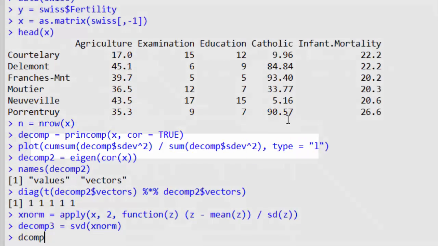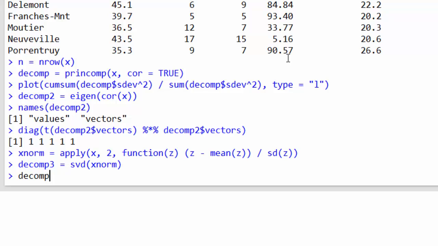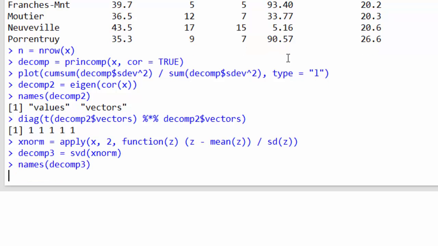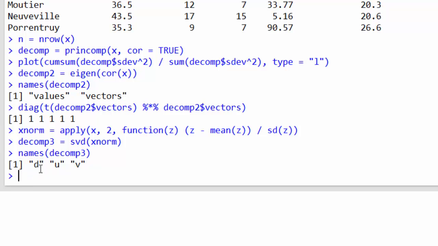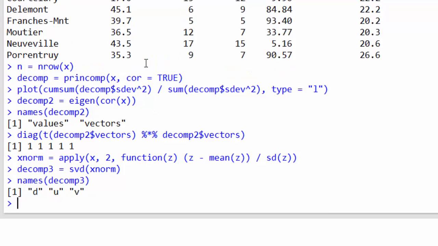Now decomp was the principal component decomposition, decomp2 was the eigenvalue decomposition of the correlation matrix, and decomp3 was the singular value decomposition of the normalized X matrix. So decomp3, let me show you the names of the variables it returns. decomp3 gives me three variables: d, the singular values; u, the left singular vectors; v, the right singular vectors.